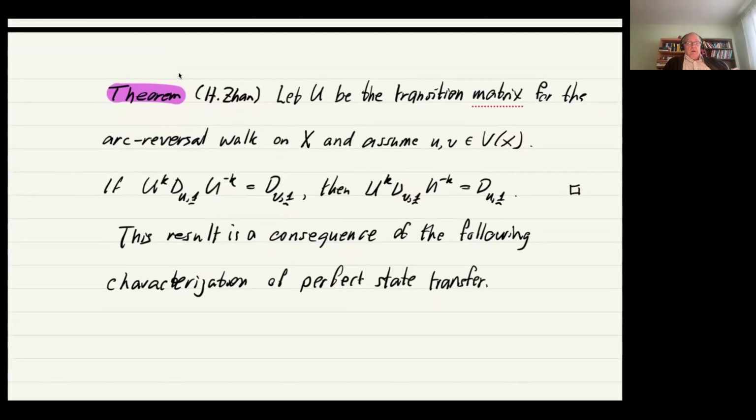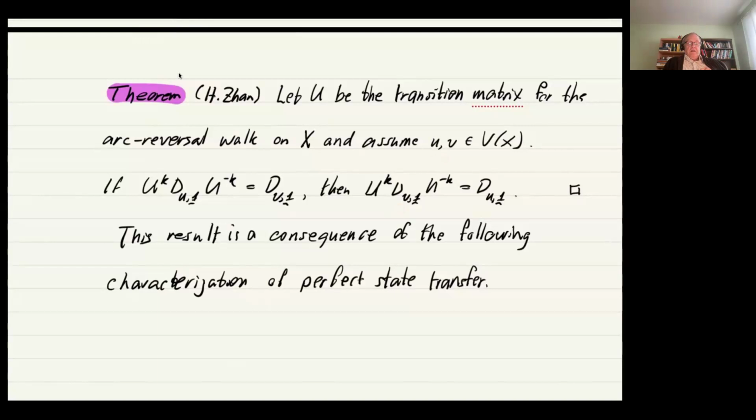We've got a transition matrix for the arc reversal walk on X, and vertices u and v in X. The theorem is that if you get transfer from u to v at time k, then you get transfer from v to u at time k. So we do get transfer in this case. Now, this raises a number of questions, but I'll come back to that.